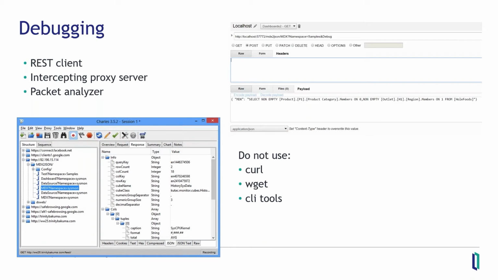And finally, there is a packet analyzer. The weakness of REST clients and intercepting proxy servers is, first of all, that if there is a big volume of requests, they cannot work very well for these cases. Also, if the packets are broken on a lower level, on a network level, it wouldn't really work, especially with REST clients.